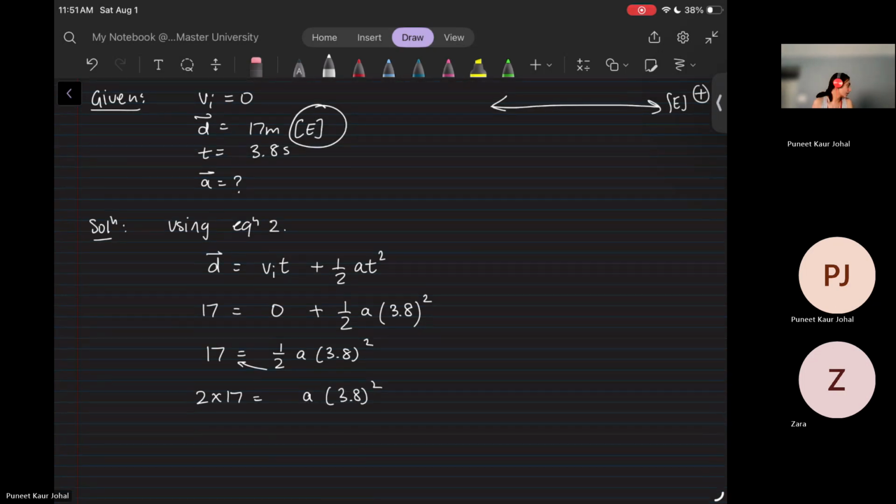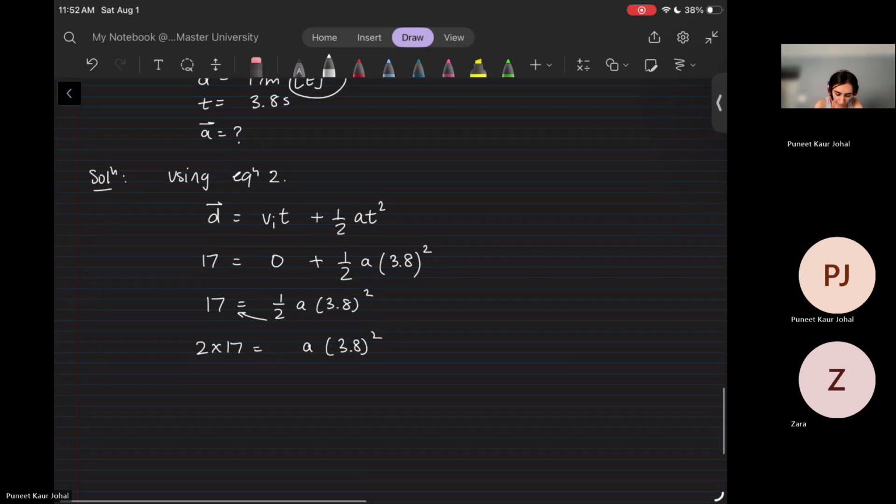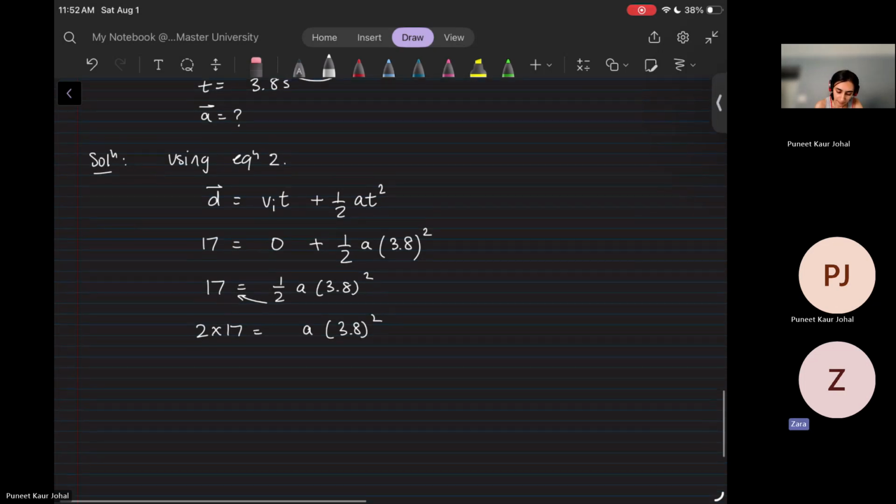You can solve it. I don't have my calculator, my bad, but you could solve it. Let me just do that here. 3.8 squared is 14.44. And 2 times 17 is just 34. And to find A, what would you do?